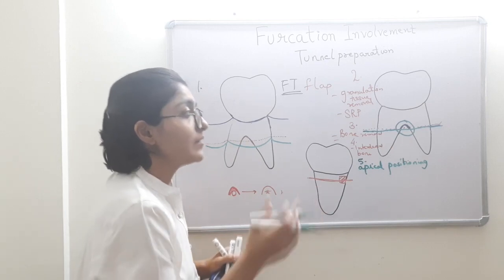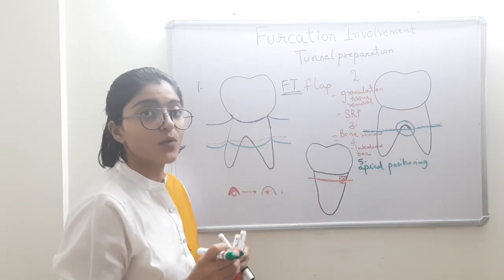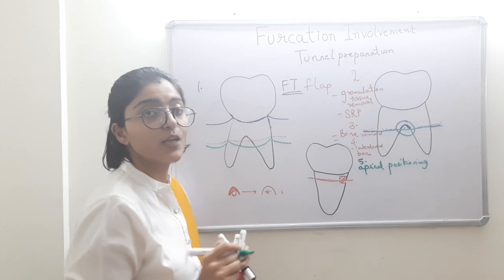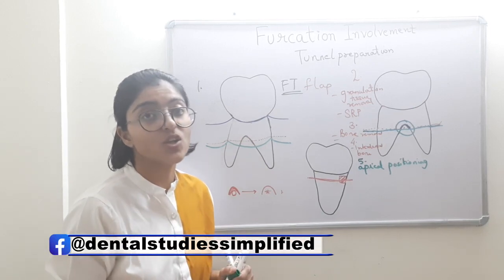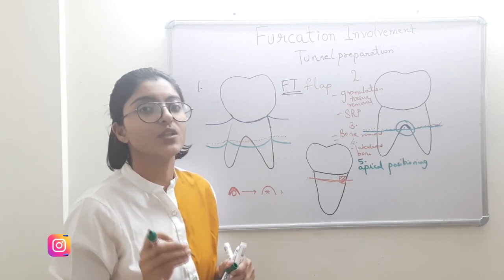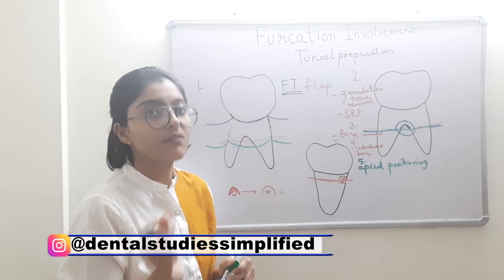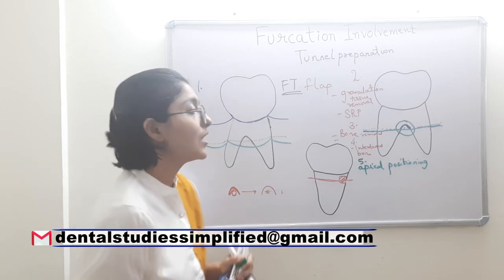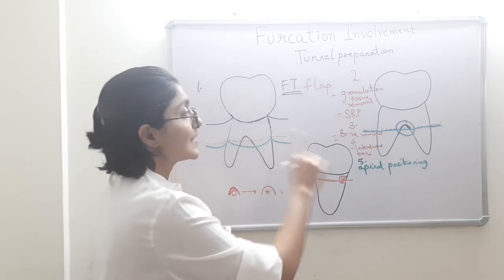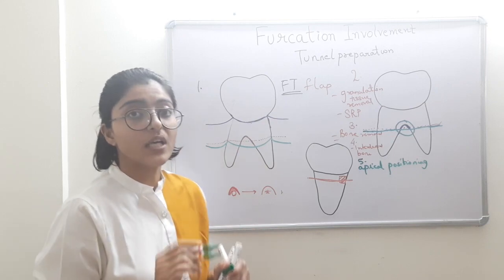That is why the trimming performed in this area has to be very carefully done. We have to restrict ourselves to only interradicular bone removal rather than removing the tooth portion. Otherwise we may end up with root sensitivity and carious lesions. Clear? So this is the entire procedure of tunnel preparation.